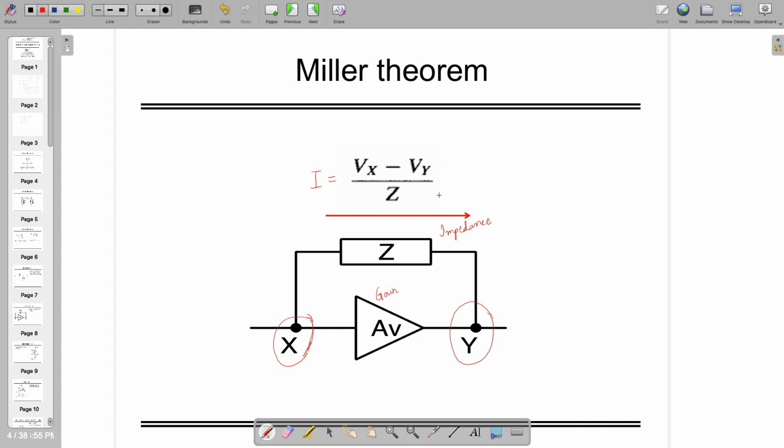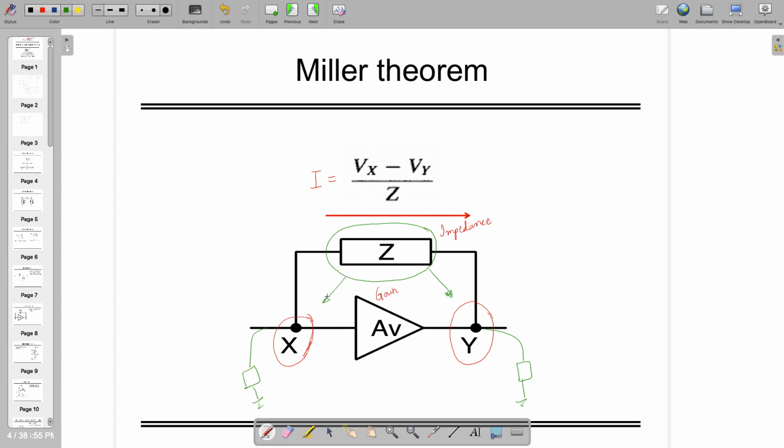So for the given direction of current, the current is positive and it's Vx minus Vy divided by Z. And as I told you, if you want to apply Miller theorem, there's only one thing we want to do. We want to decompose this impedance such that some part comes here and some part comes here. You can decompose in two parts.